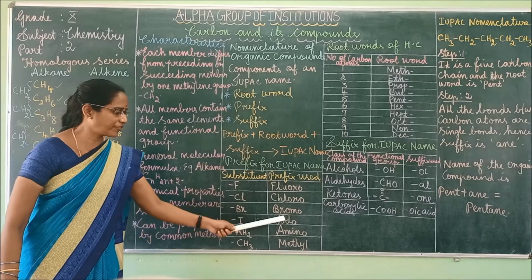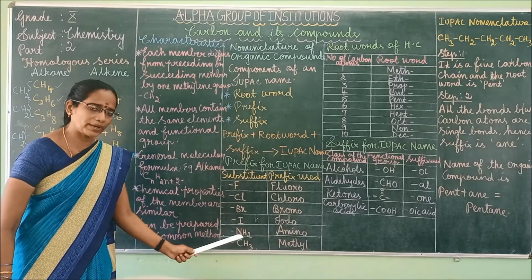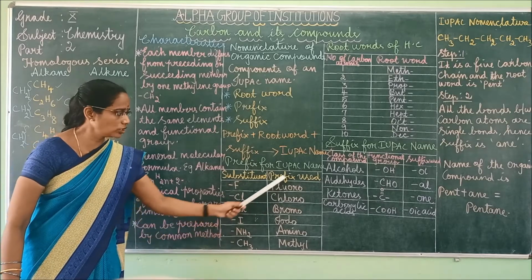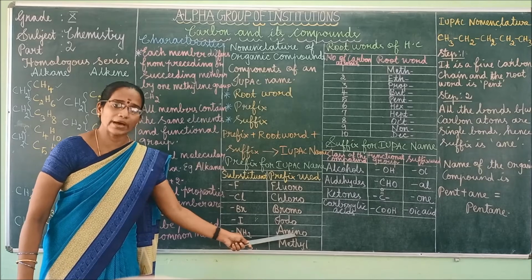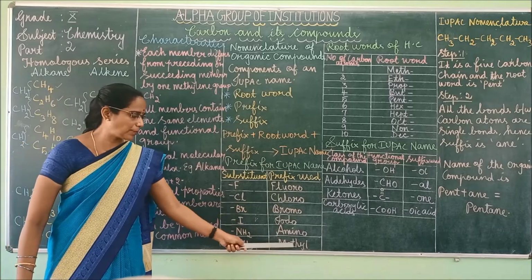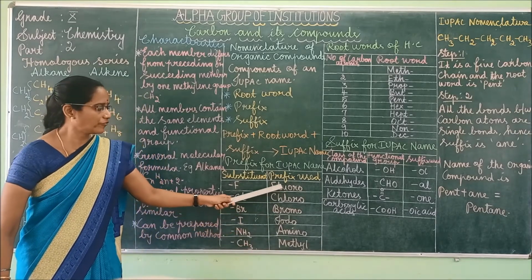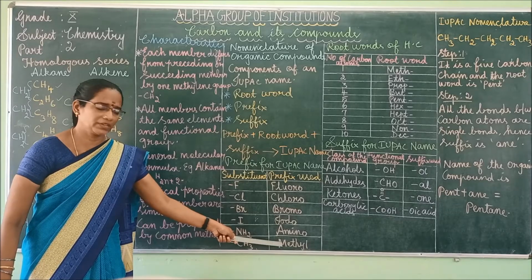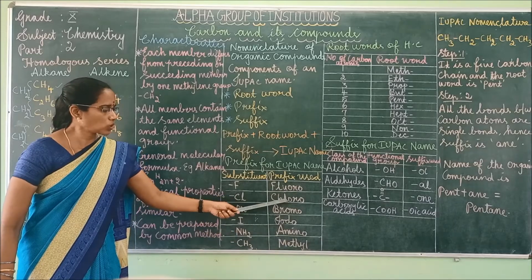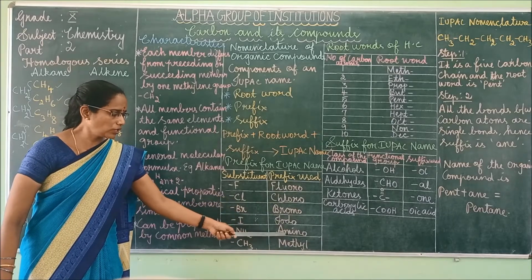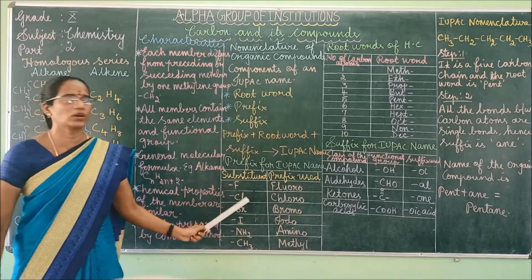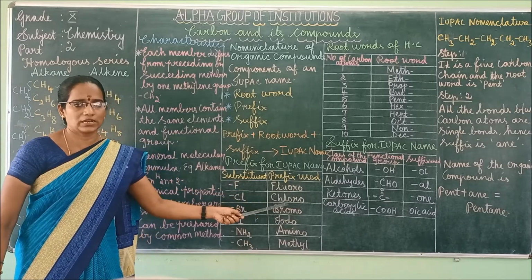For I, iodo. For the substituent NH2, the prefix is amino. For CH3, the prefix is methyl. So: fluoro, chloro, bromo, iodo, amino and methyl. You have to learn the substituents also, then only can we give the prefix.